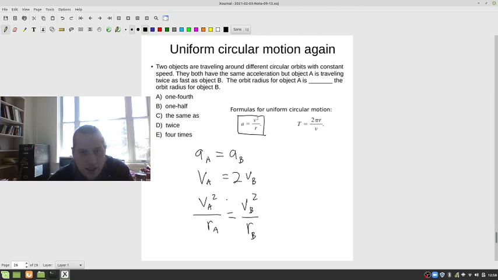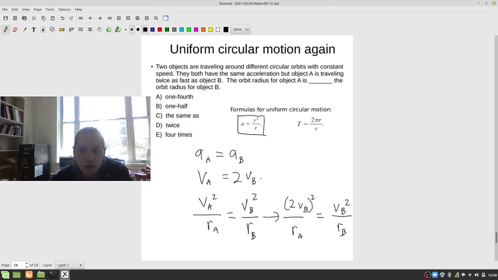Then I can stick in the information that I know. 2VB for VA. So 2VB, squared, equals VB squared over RA over RB.